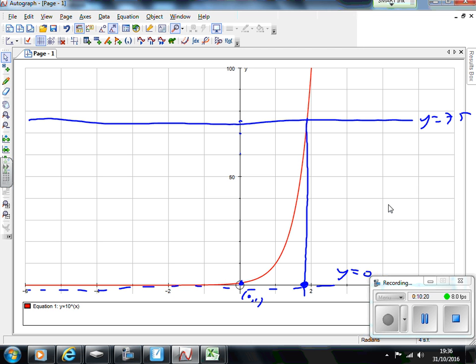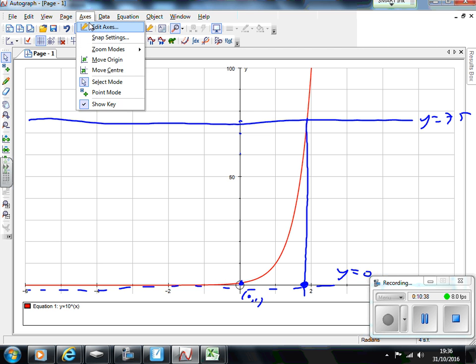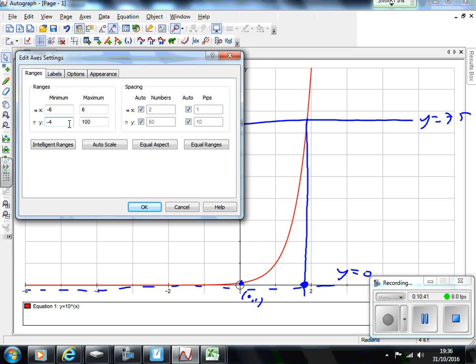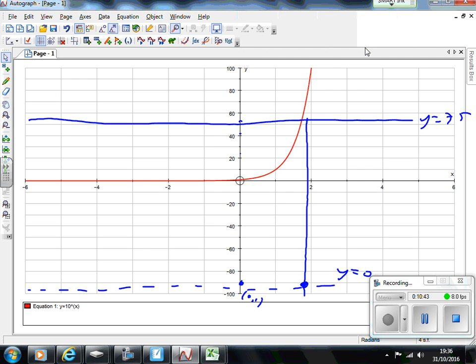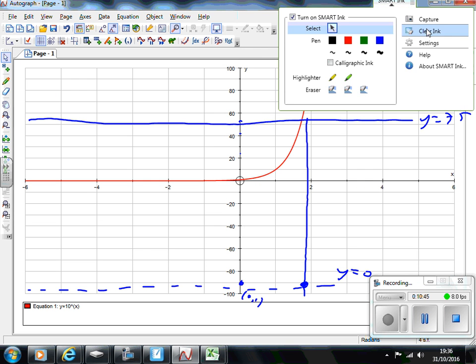And that's where logs come in, and that's where your calculator log function comes in. So what is a log? A log is the inverse of the exponential. What do I mean by that? Let's clear this.